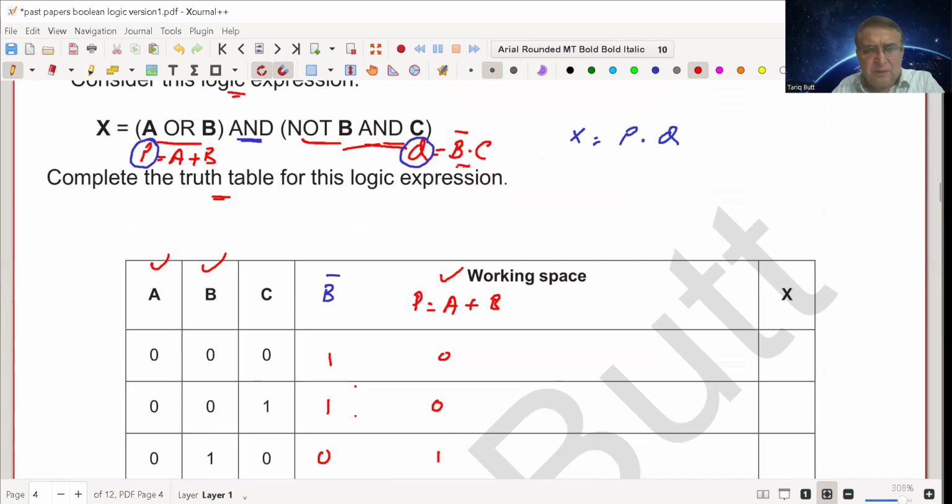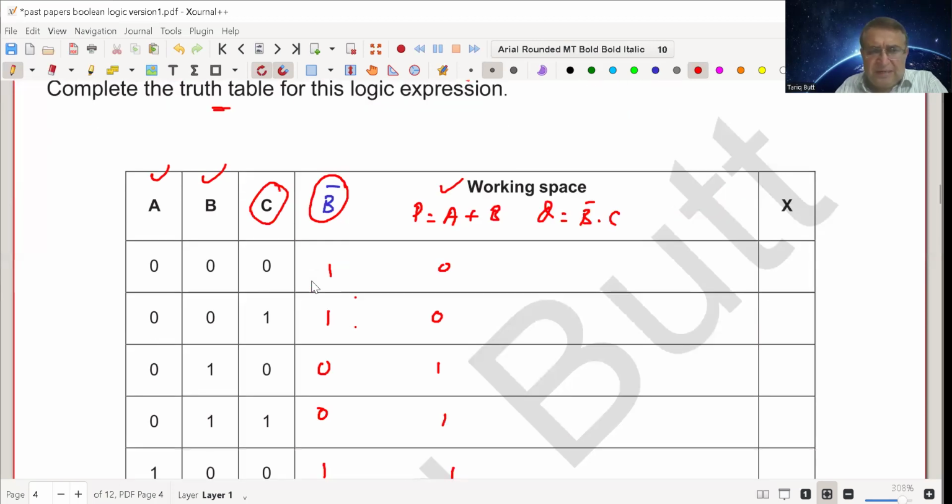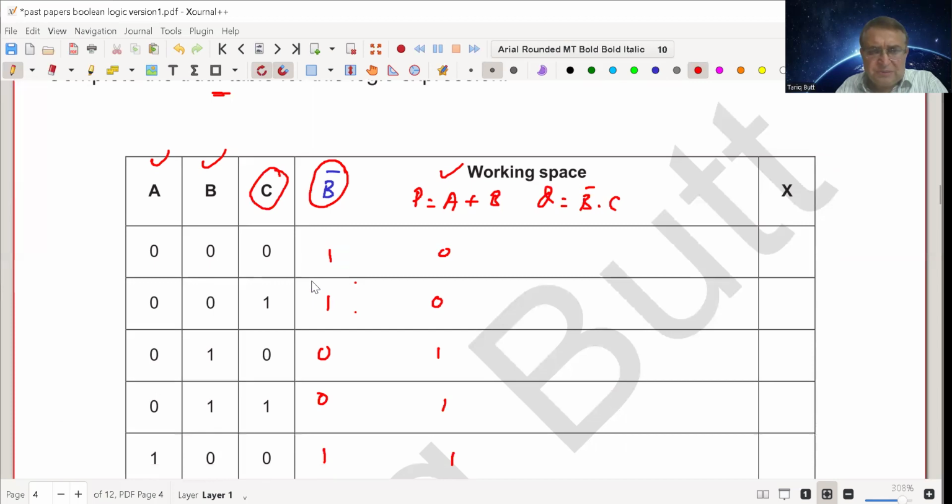Similarly, draw another column for Q, which is B prime and C, or NOT of B AND C. So let's say Q is B prime into C. Here we have to AND B prime and C. This is B prime and this is C, and we have to AND them. The output of AND is true when both of its inputs are true.